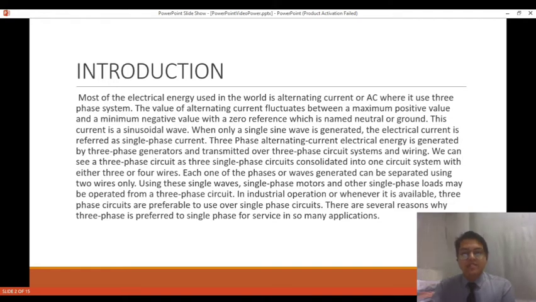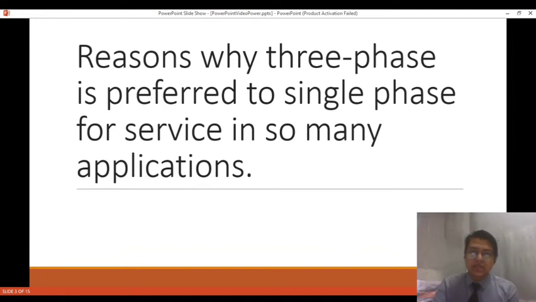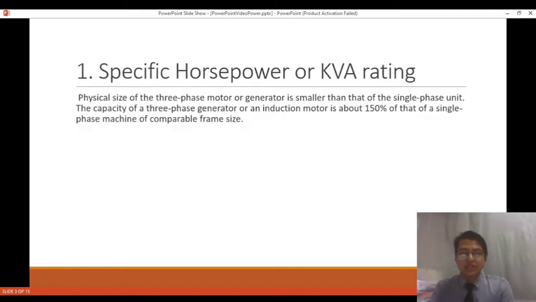There are several reasons why three-phase is preferable to single-phase for service in so many applications. This is the reason why three-phase is preferred. We start with one, specific horsepower or kVA rating.